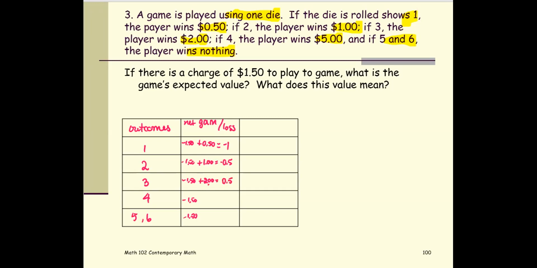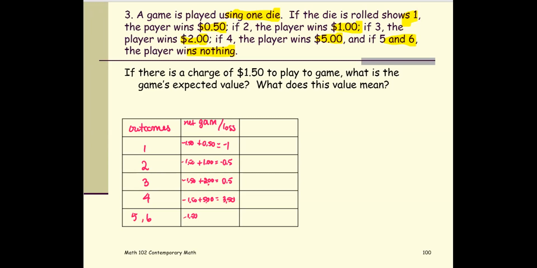If the die shows the number 4, the player wins $5, so add $5 here, and the net gain will be $3.50. If the die shows either 5 or 6, win nothing, so the net loss is -1.5.